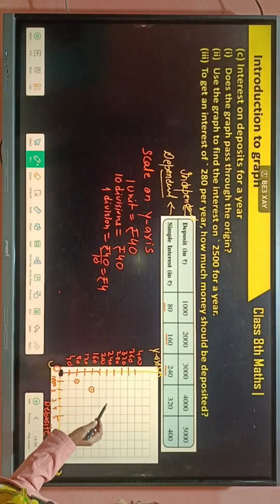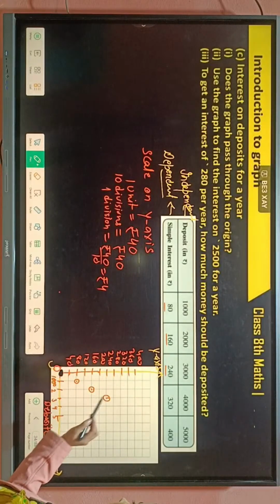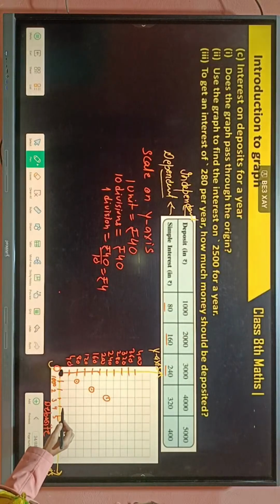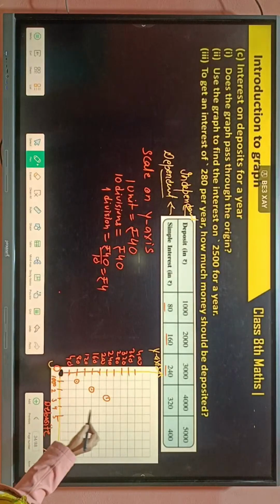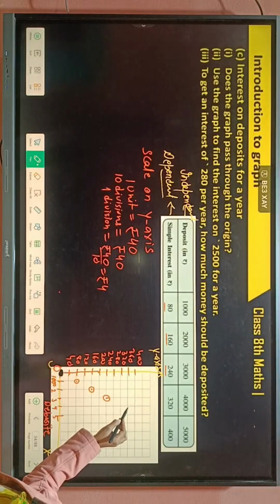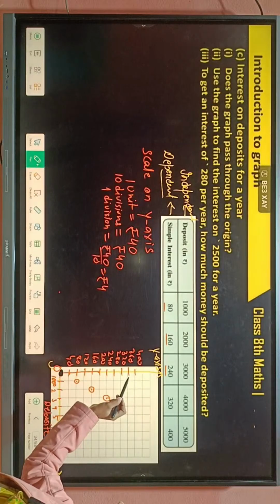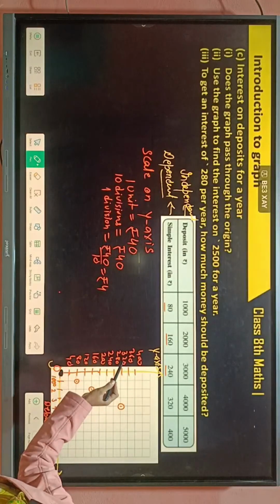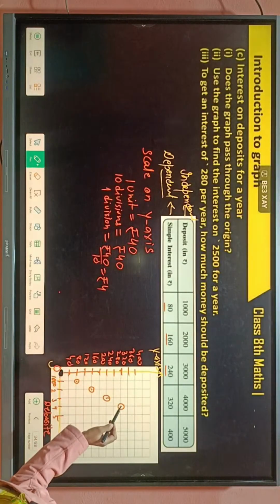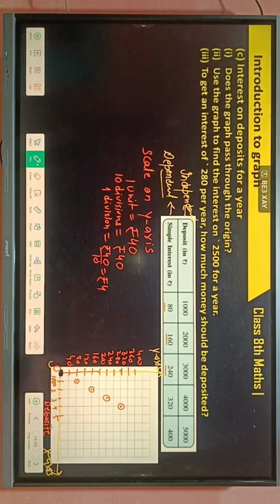It is 200, then it will be 240 at this point. Further, 4000, then 320. This is 4000, and it is 320 at this point. This point will be there.